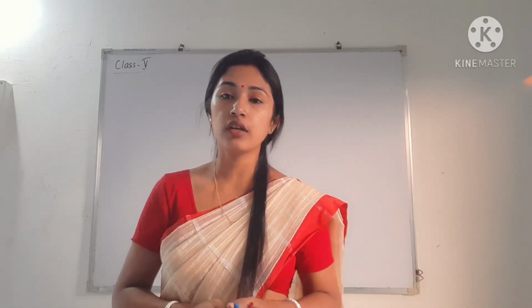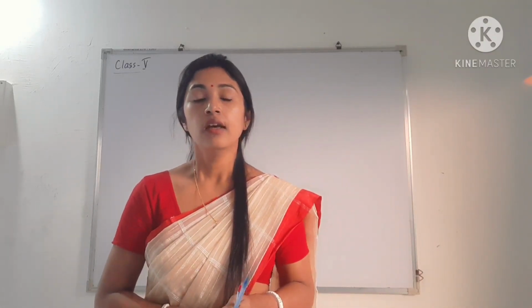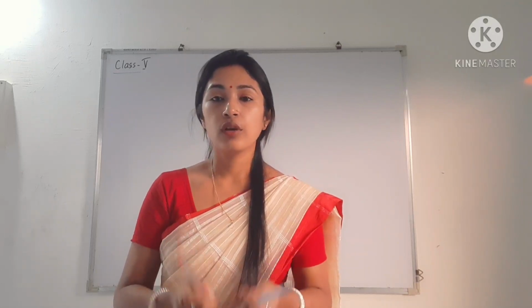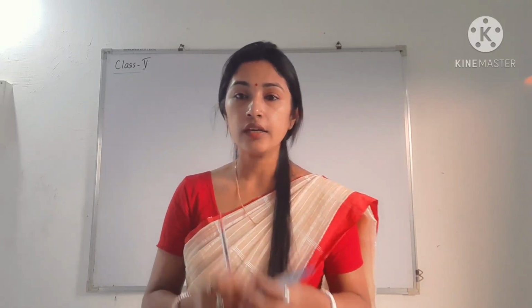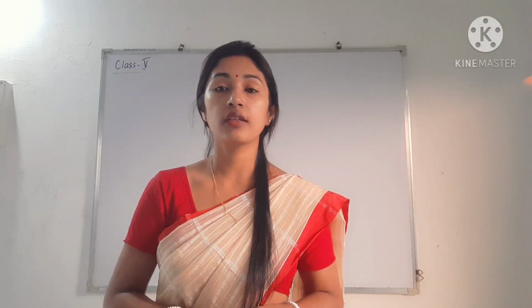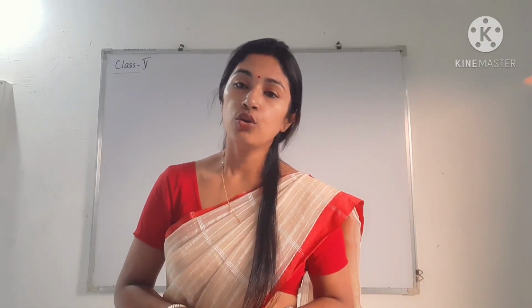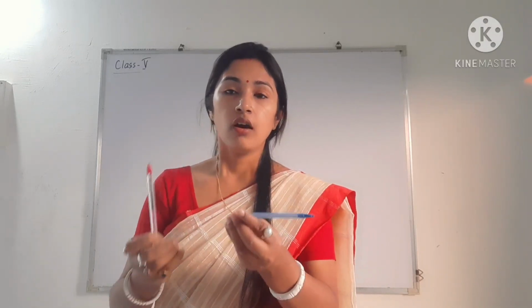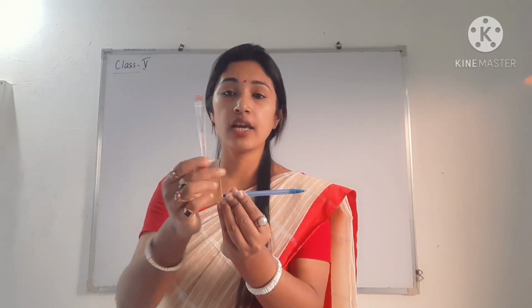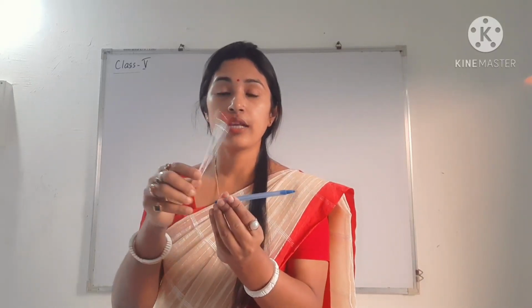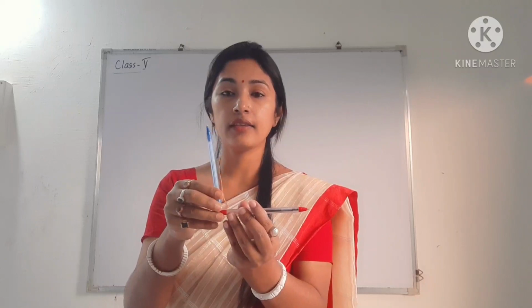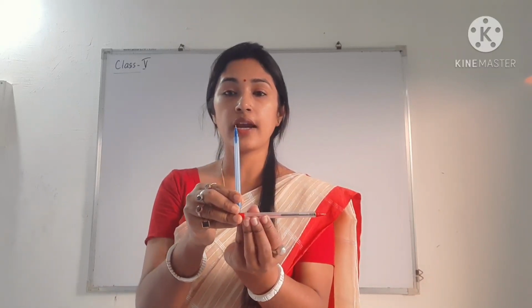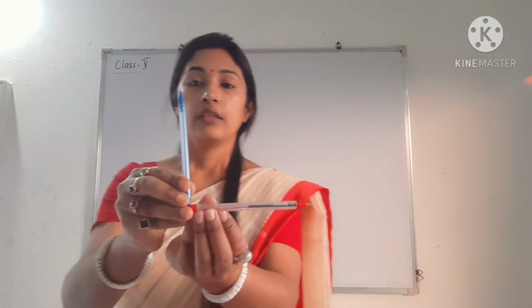Like length is measured in terms of meter, centimeter, like that only you will get degree. Degree for measuring what? For measuring the angles between two lines. So here this is the initial line, and this is the final line, and the angle between both of them now is a right angle.